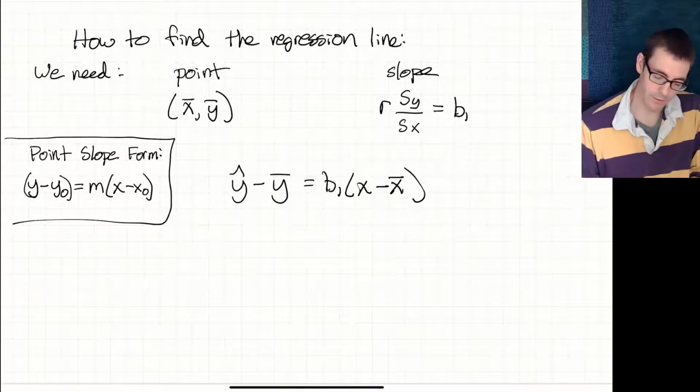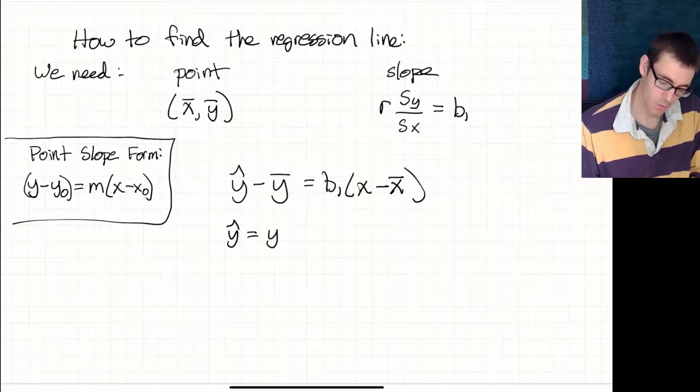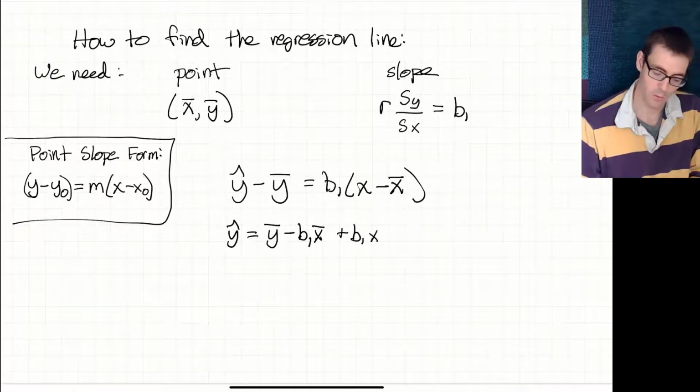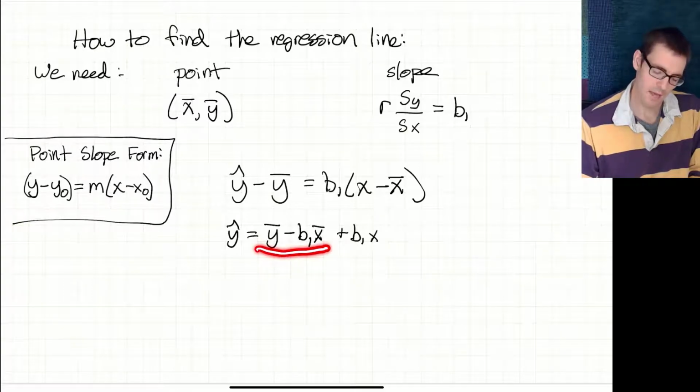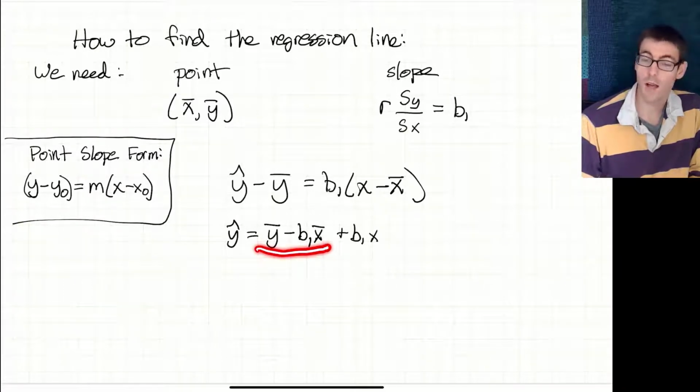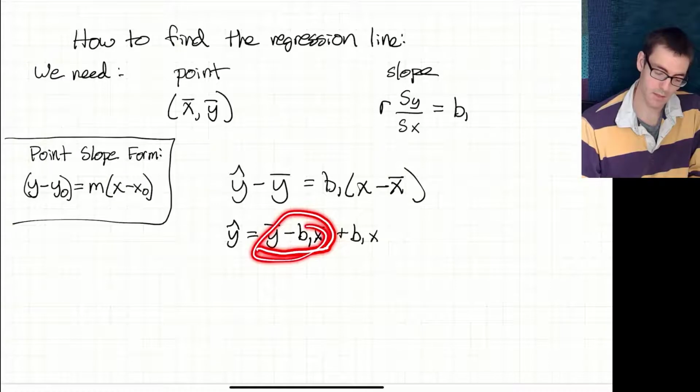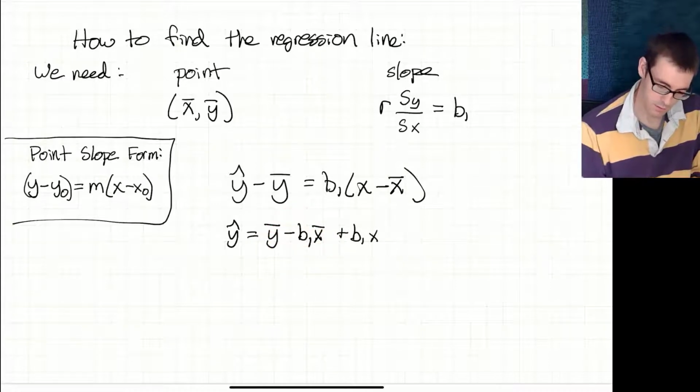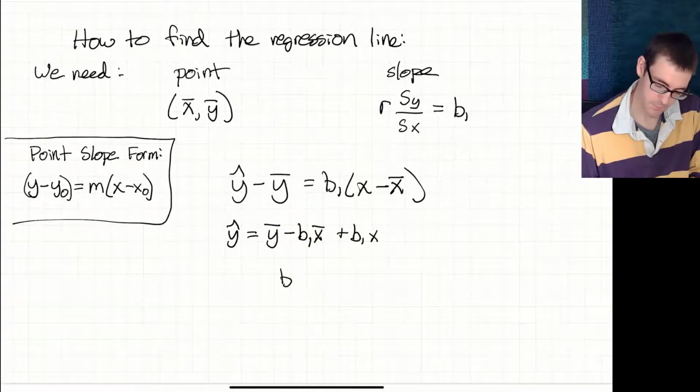And doing a little bit of rearranging, we can see that y hat is y bar minus b1 x bar plus b1x. So this piece are all constants. So this thing is just b naught.